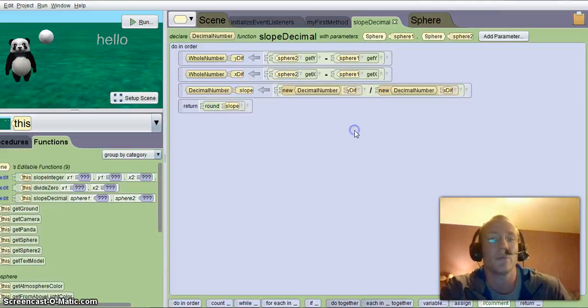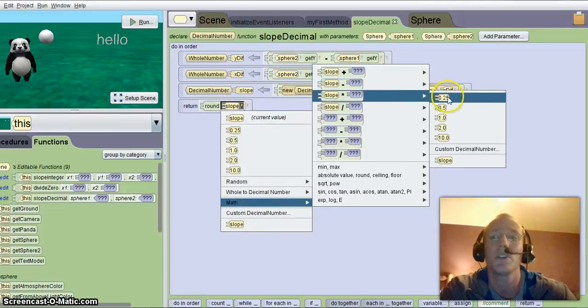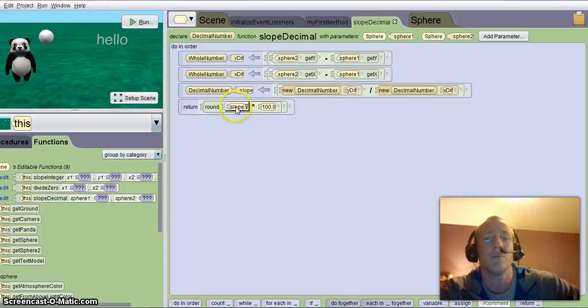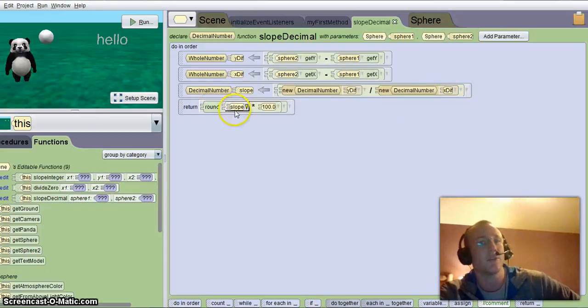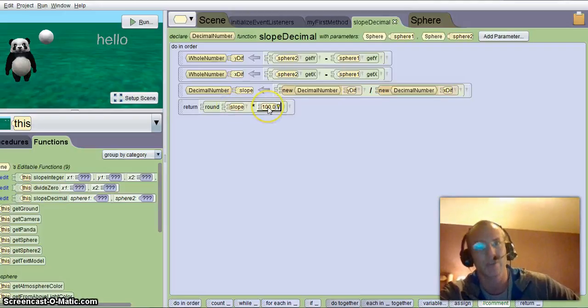So what we are doing is a simple calculation of multiplying the slope times 100. And we are rounding that. So if we had 0.66 times 100, that's 66. Well, and this was 0.66666 times 100 is 66.66.